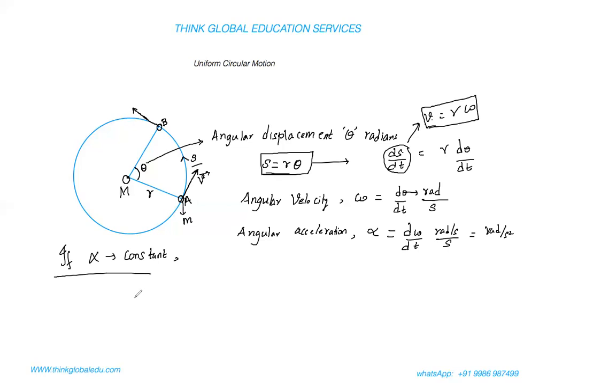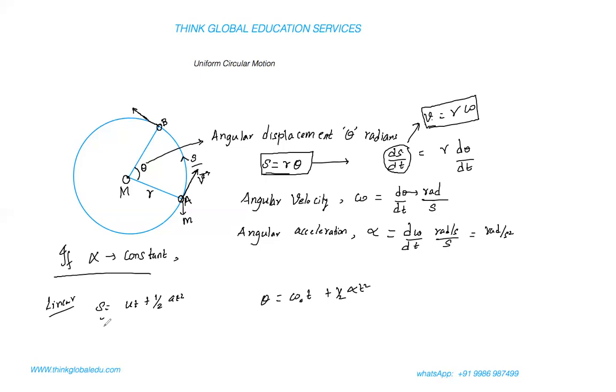In linear motion, s equals ut plus half at squared. Similarly here, instead of s you will get theta, instead of ut you will get omega naught t, where omega naught is the initial angular velocity, plus half alpha t squared.